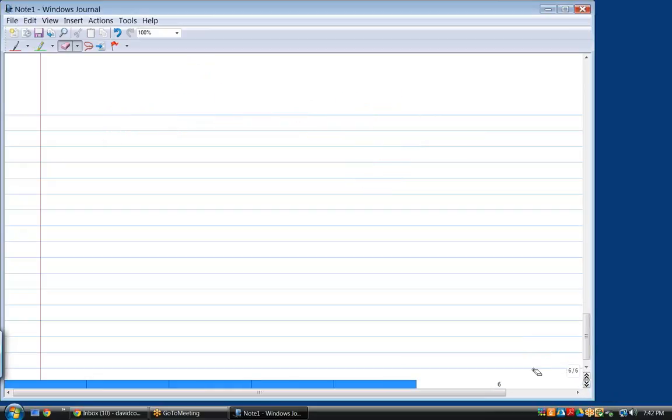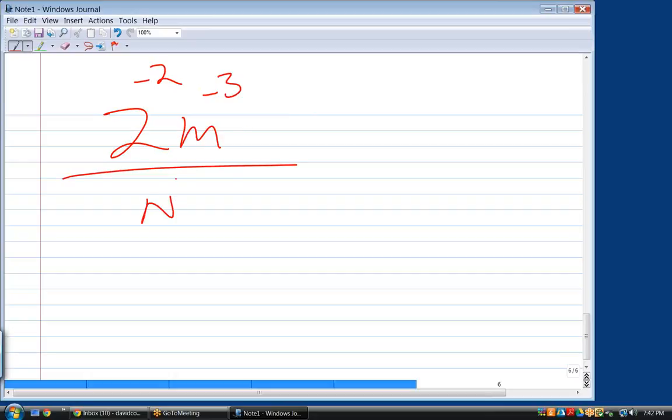The next one is 2 to the power of negative 2, m to the power of negative 3, all over n to the power of 0, which is 1. Right. Okay. Replace that with a 1. What's 2 to the negative 2 equal to? 2 to the negative 2, that's 1 over 2 to the power of 2, right?